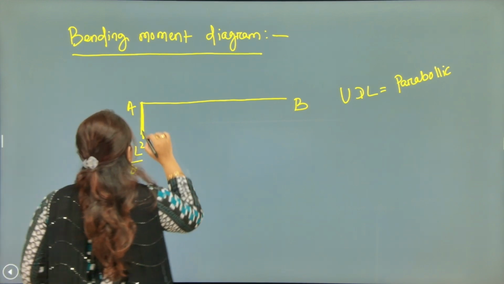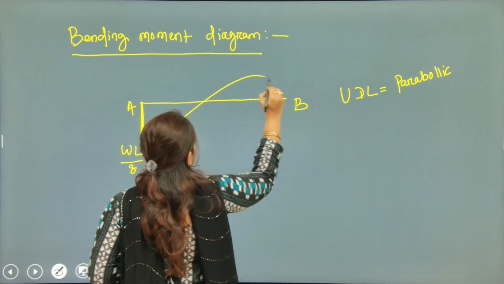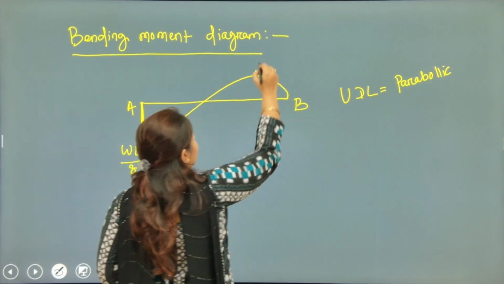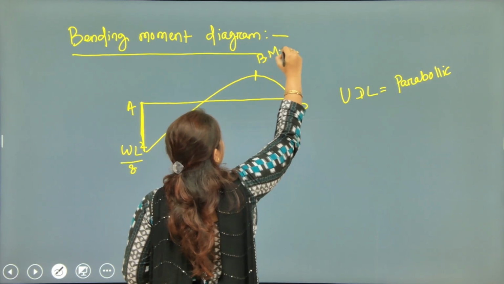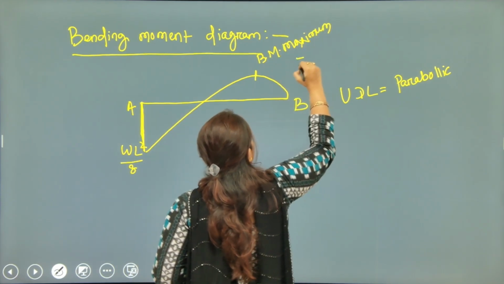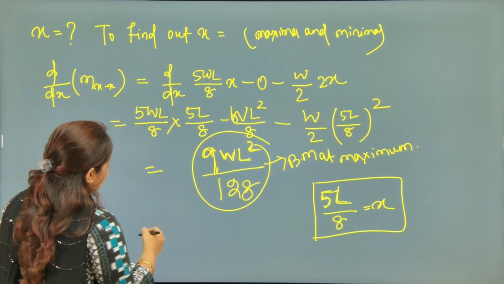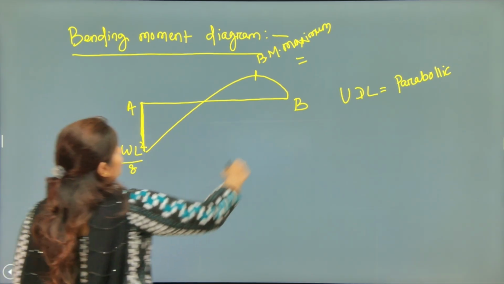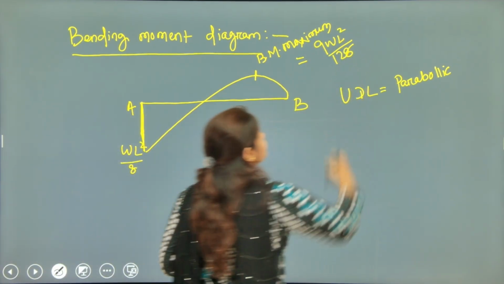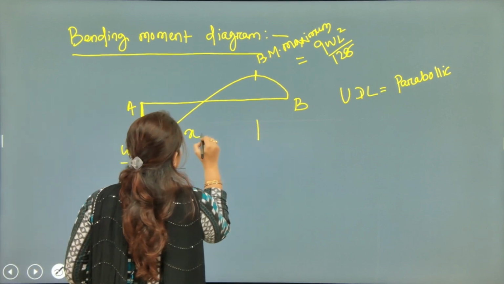So now this will look like this, and this point is your bending moment at maximum, that is 9WL square upon 128, and here the distance x.